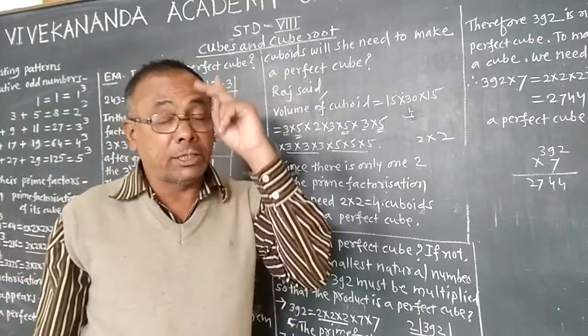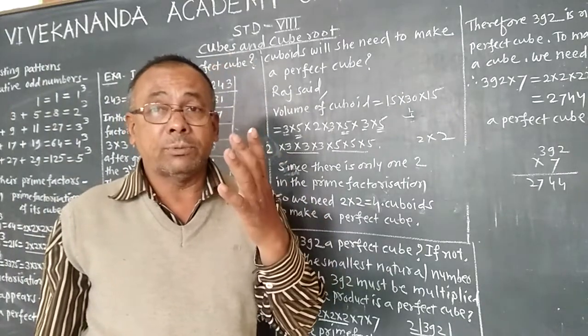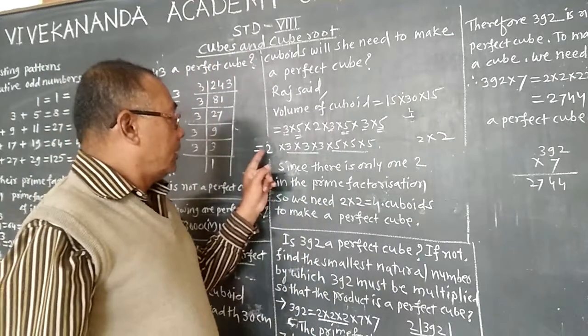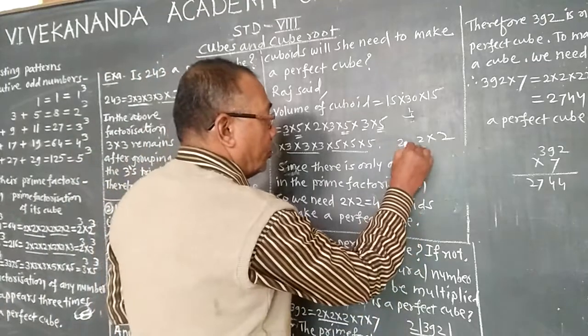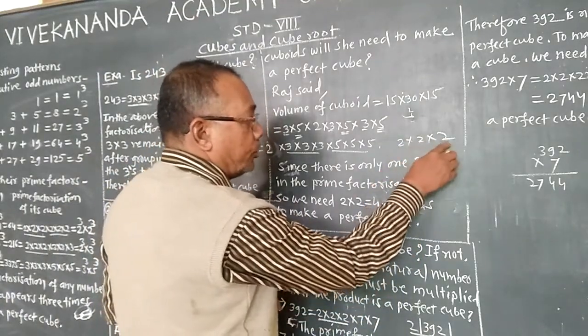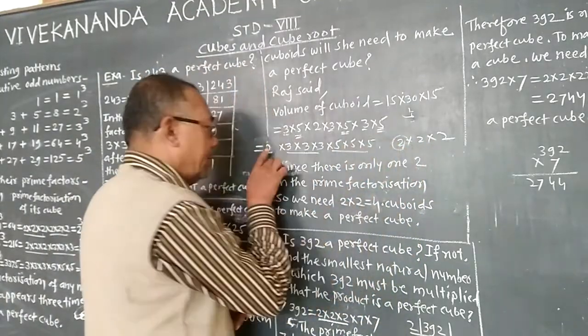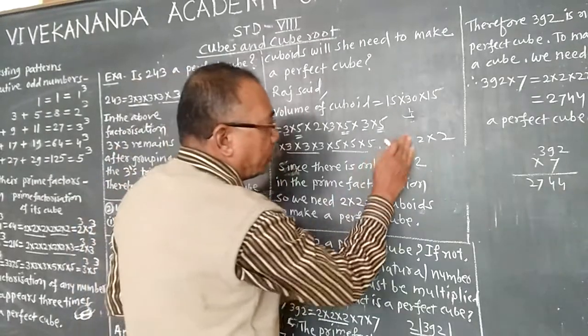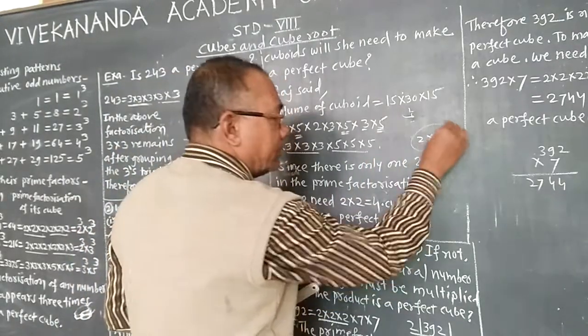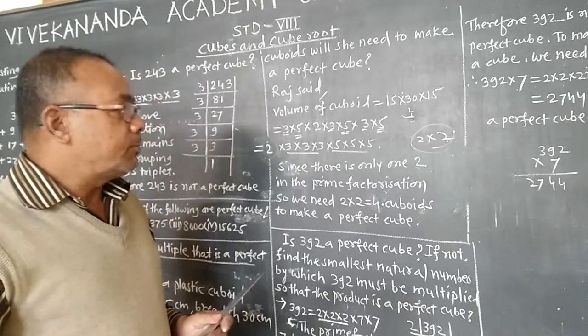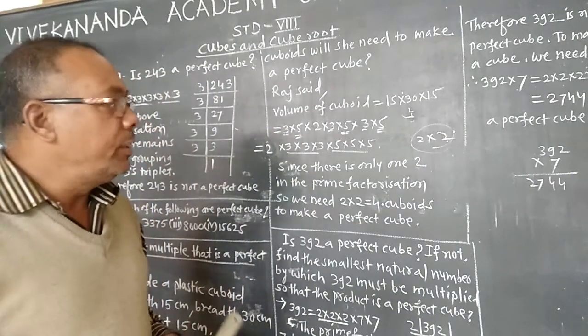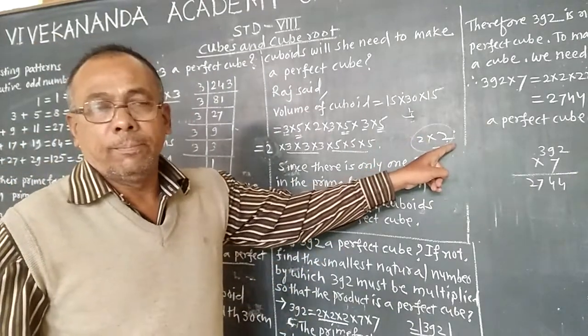We want 2 three times. Means if we write 2 into 2 into 2, but this 2 is only one time, the remaining 2 into 2 is not there. Means for the completion of the triplet we need 2 into 2.